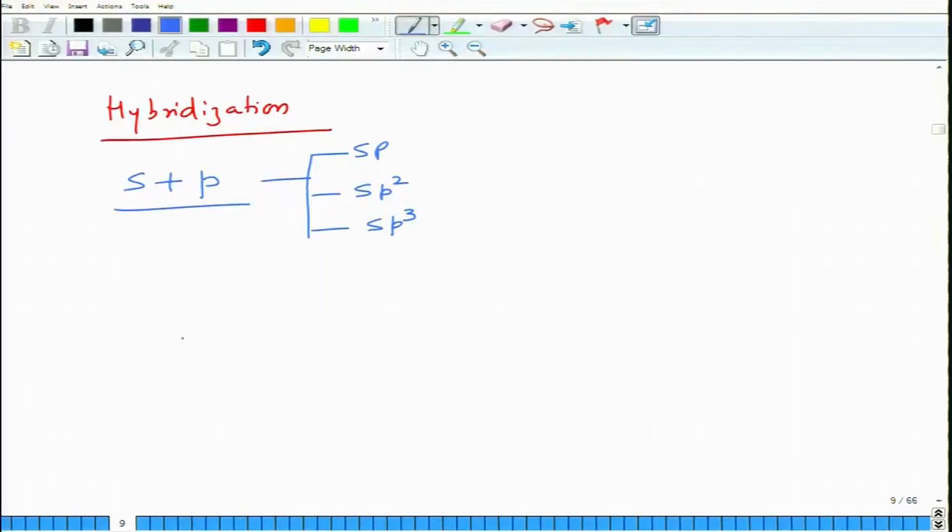In case of methane, the structure looks something like this. So you have this carbon atom sitting here, one hydrogen atom is here, next hydrogen atom is here, another hydrogen atom is here.